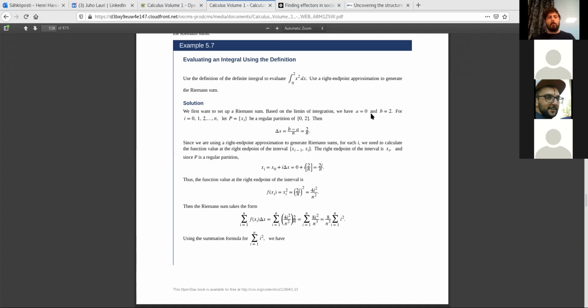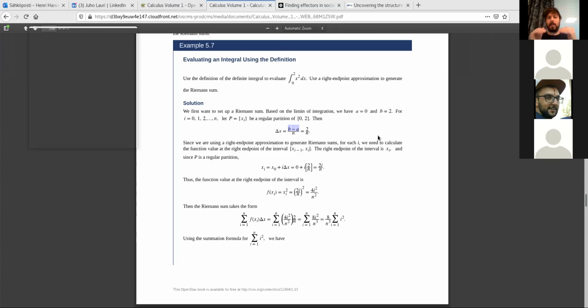Okay, so let's look at this example. We first want to set up the Riemann sum. The delta x will always be of the form something over n, because that's the width of our window. It depends on n and the width of the whole integration area, which in this case is 2.